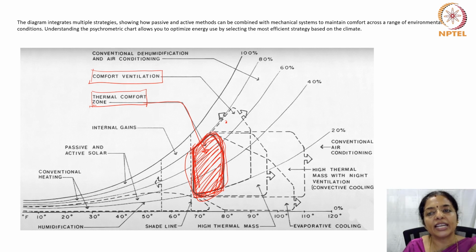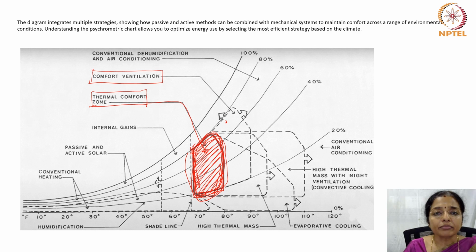Comfort ventilation is a strategy that uses natural or mechanical ventilation to maintain air quality and comfort. It's most effective in climates where outdoor air can be used to cool the indoor environment without the need for air conditioning.